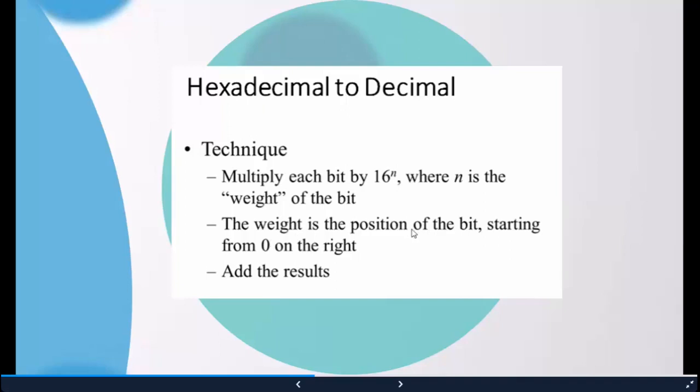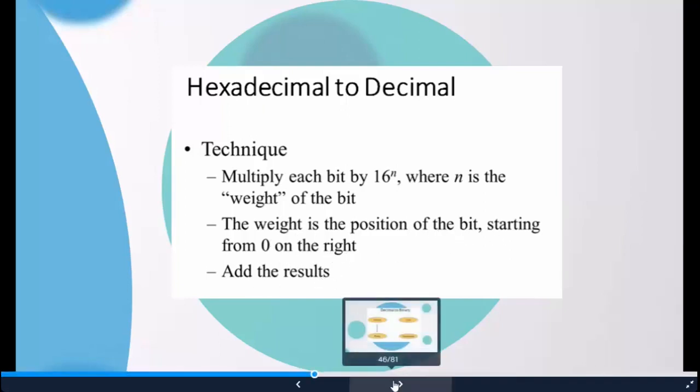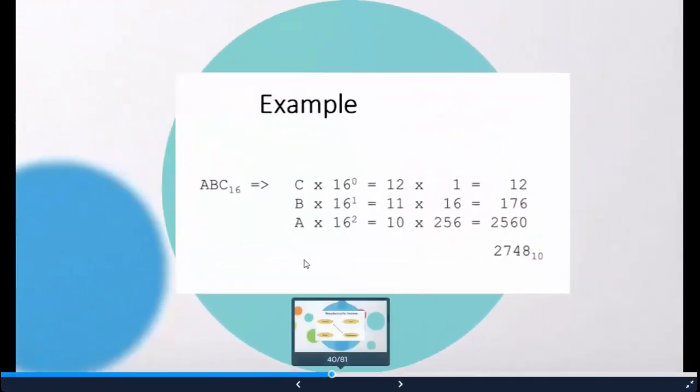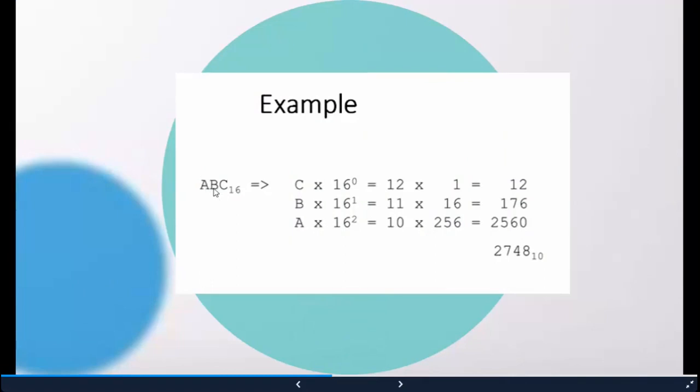The weight is the position of the bit starting from 0 on the right, and then you add the results. So as you can see, it's ABC, where A is 10, B is 11, and C is 12.